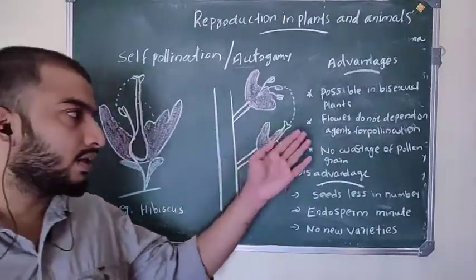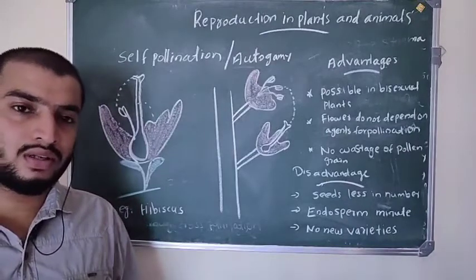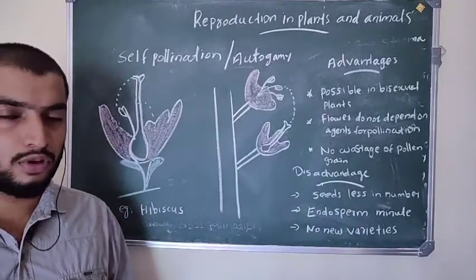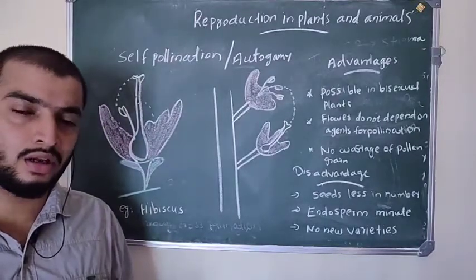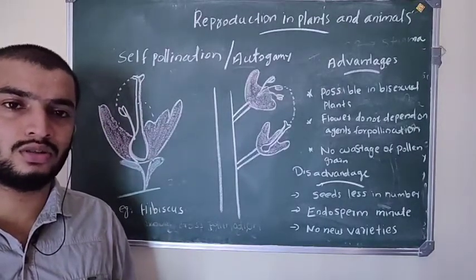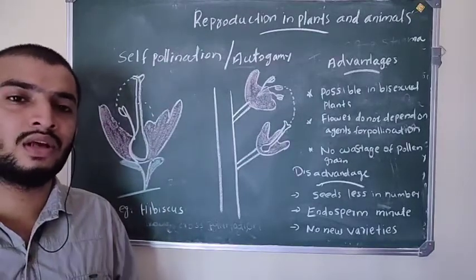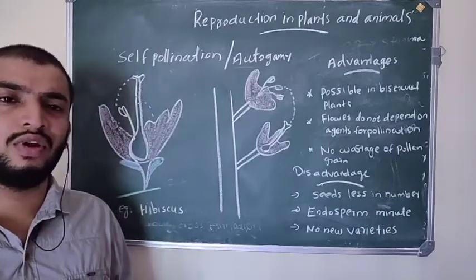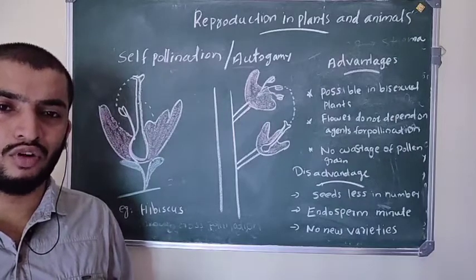Then another advantage: the flowers do not need agents for pollination. For self-pollination there is no need for agents of pollination like insects, birds or water. But in cross-pollination, without external agents of pollination, they cannot perform it.